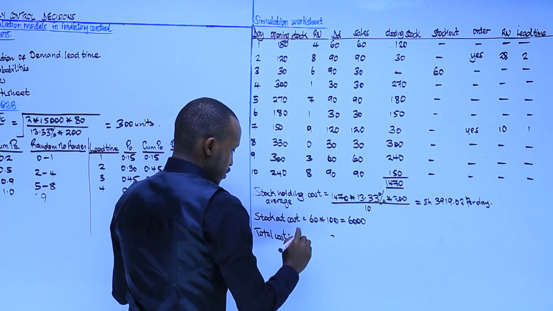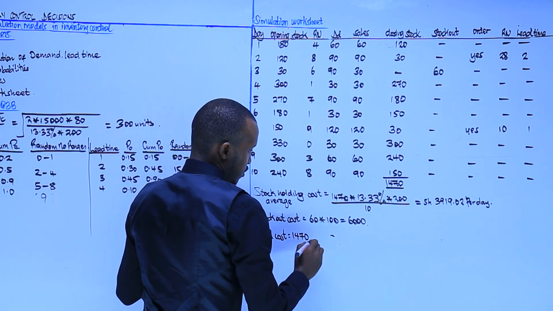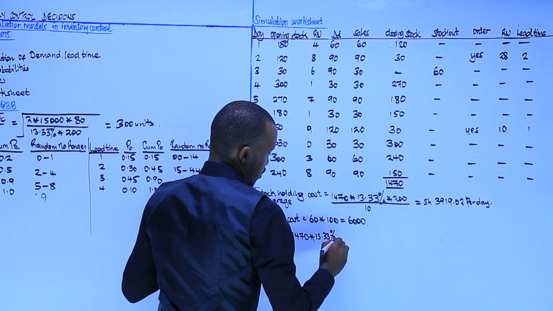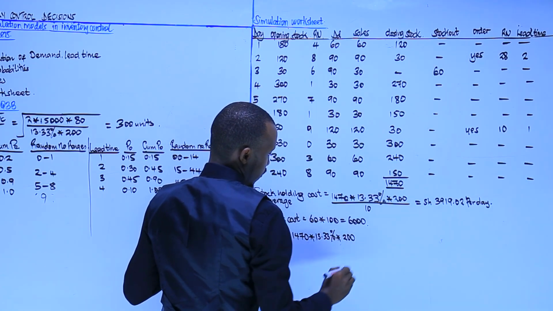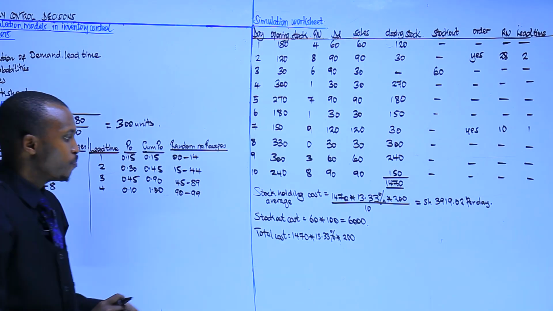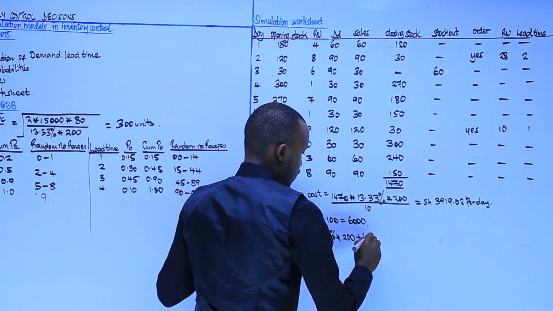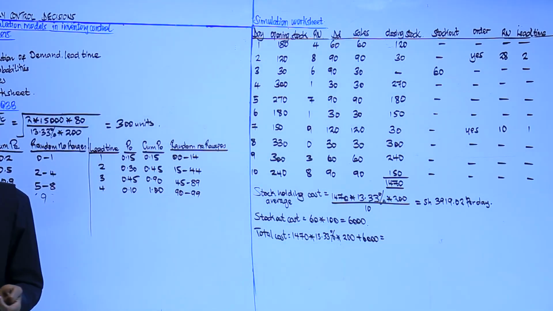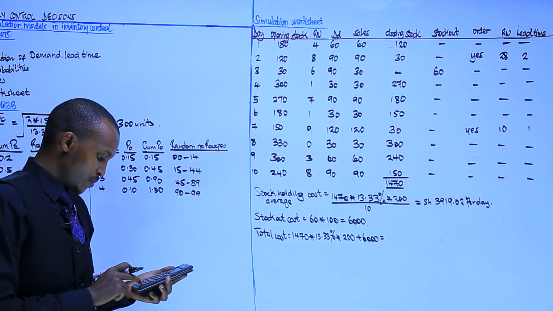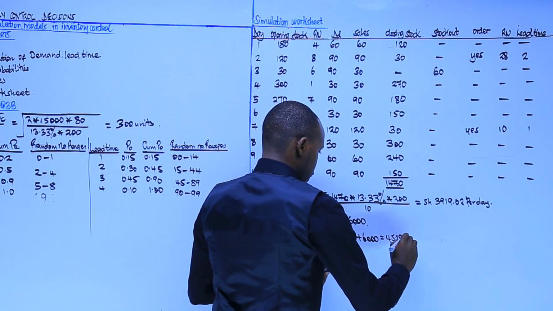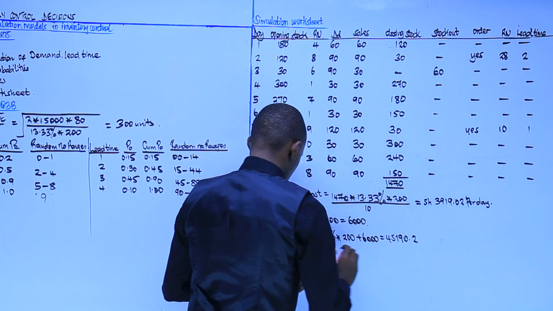Just you can write this one here: 1470 times 13.33% times 200, plus your stock out cost of 6,000. 55,190.2.